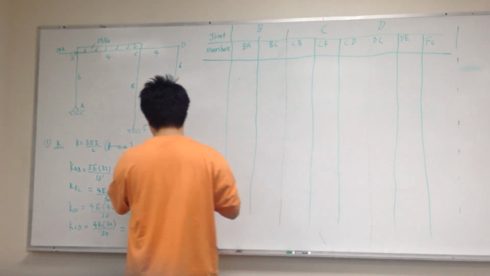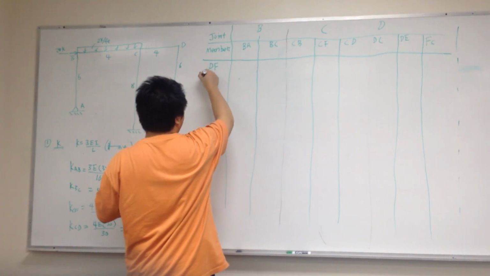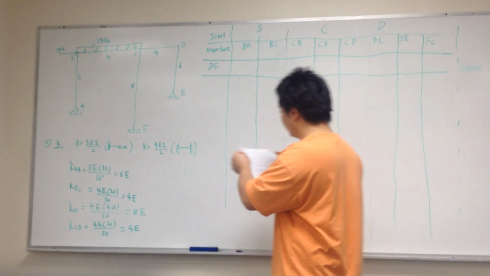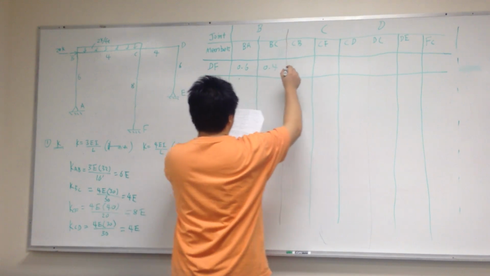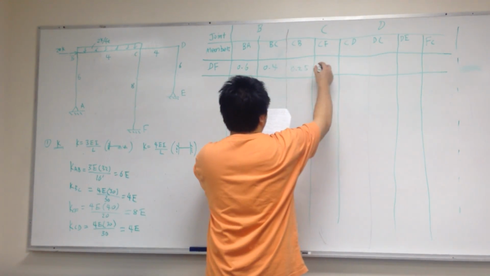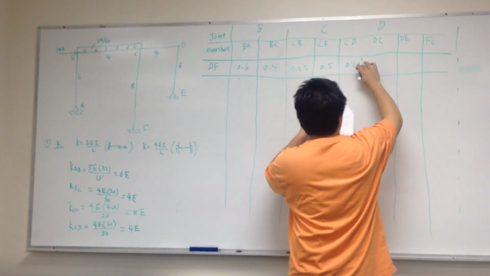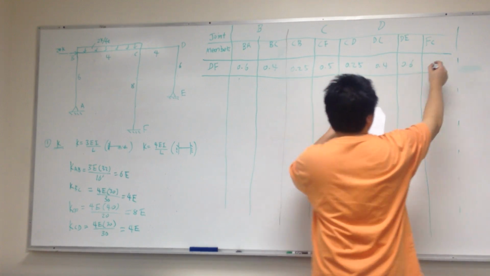Next, you're going to put the distribution factor, which is 0.6, 0.4, 0.25, 0.5, 0.25, 0.4, 0.6, and 0.